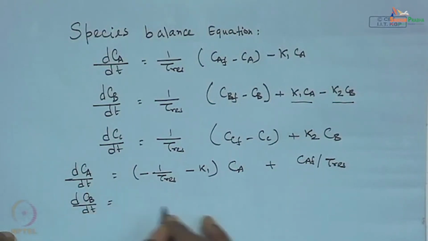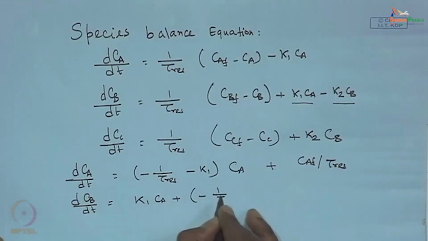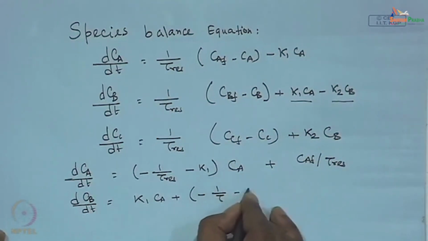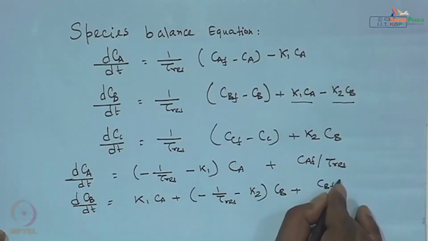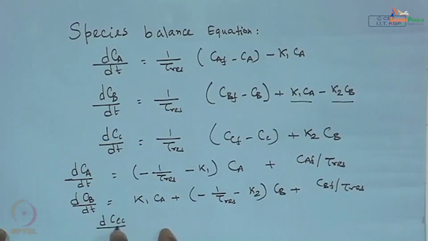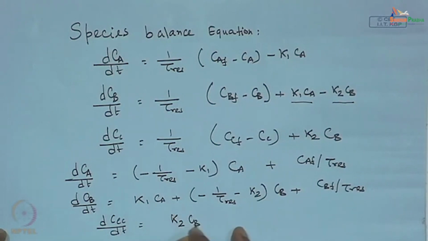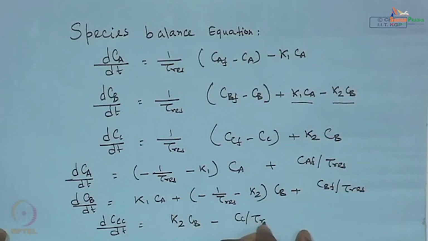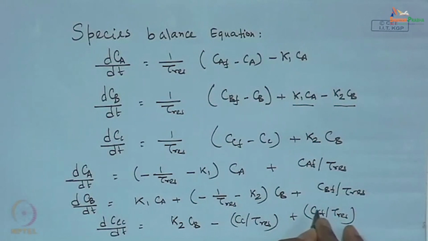dCB dt can be written as K1 CA plus minus 1 by tau minus K2 times CB plus CB feed divided by tau, and dCC dt can be written as K2 CB minus CC by tau plus CCF by tau.